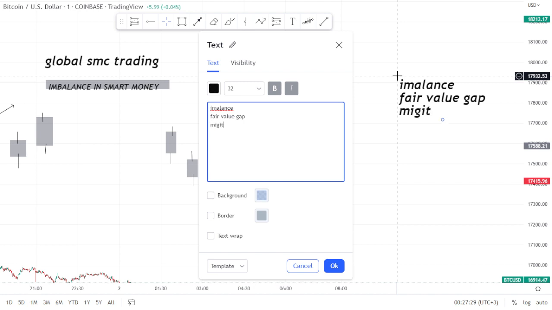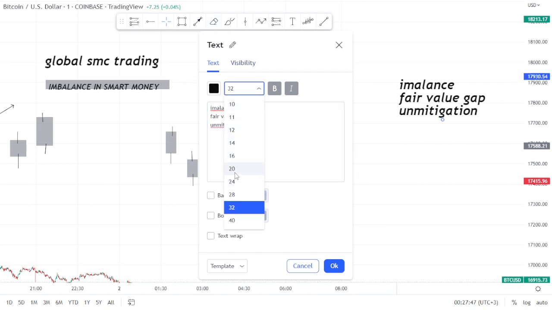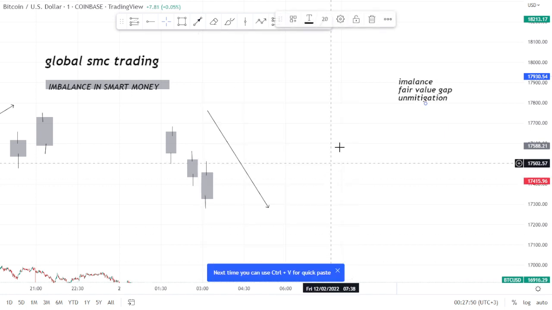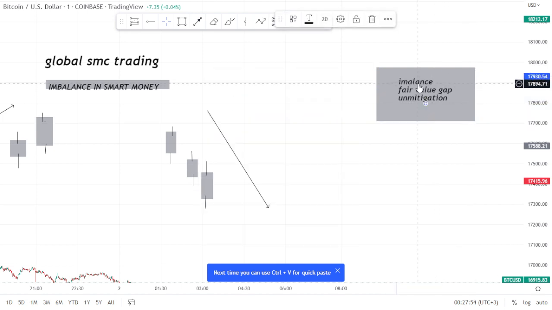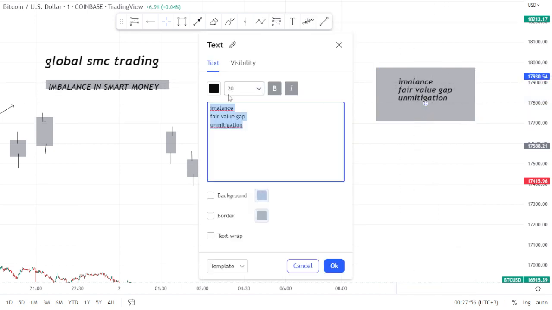For this case, it's unmitigated. I think most of you are familiar with these words, but they just mean the same thing. People just like to use fancy words, but they mean the same. Imbalance, not imbalance, like this.